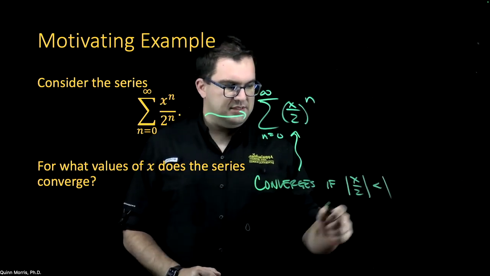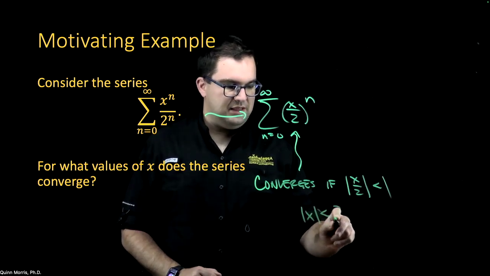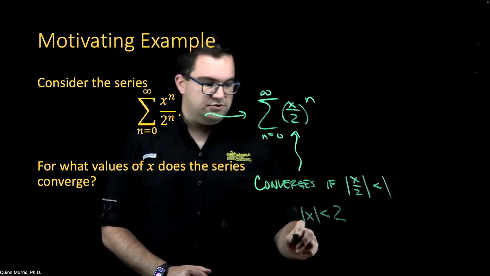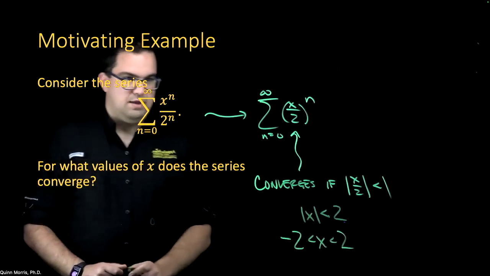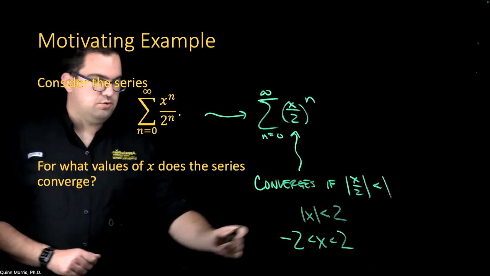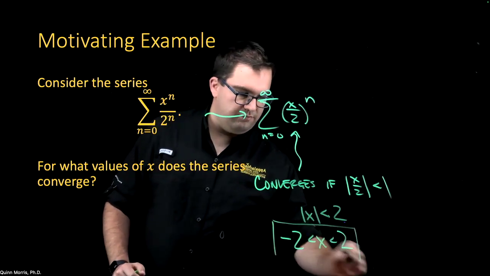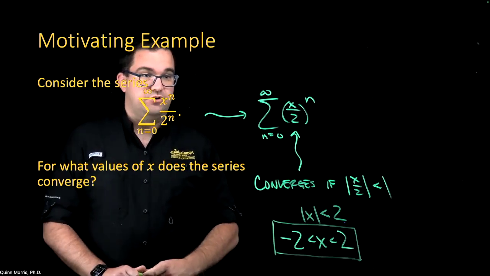If I look at this inequality, that's really saying the same thing as the absolute value of x is less than 2. And that's really saying the same thing as x is between -2 and 2. And so we realize that this will converge for all x values between -2 and 2.